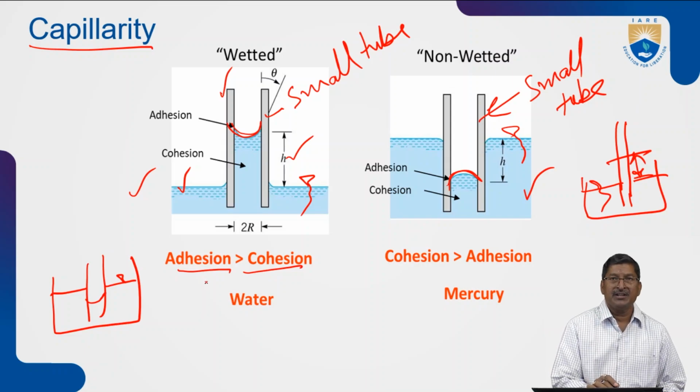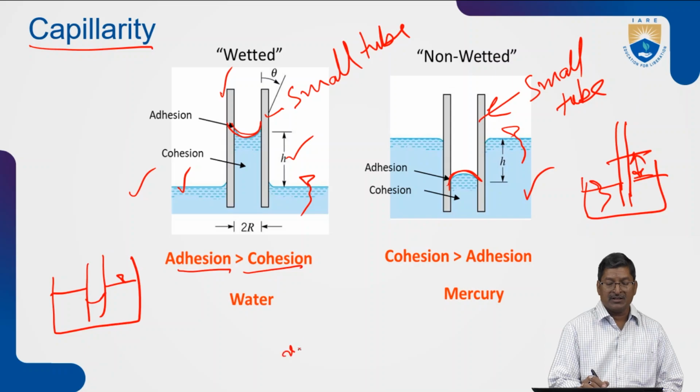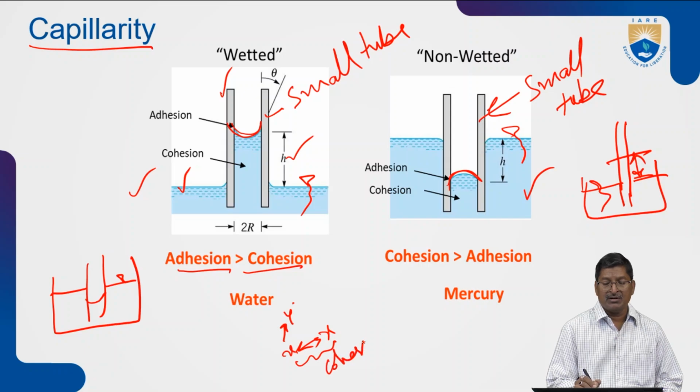So if adhesion is more, that means if it attracts other materials more than themselves. If an X molecule and an X molecule are here, there will be attraction, but if a Y molecule is there and the attraction is more, then it is adhesion. So X is attracting Y, not X. These are the same molecules, which is called cohesion, and this is a different molecule.